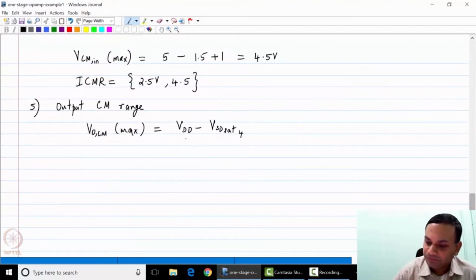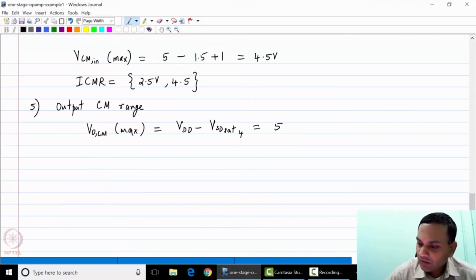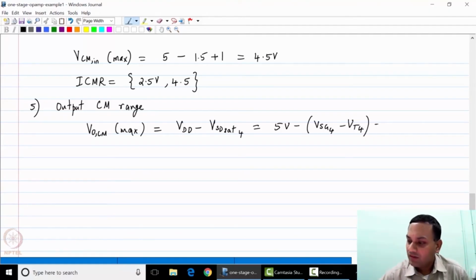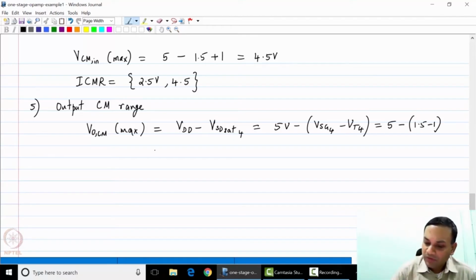Therefore, VSD sat 4 is VSG4 minus VT4. This is 5 minus 1.5 minus 1, or 4.5 volts.